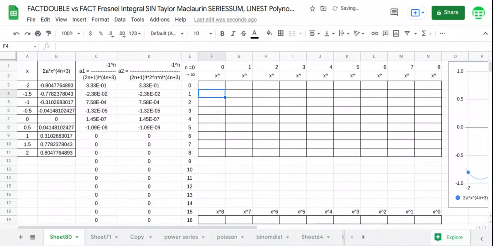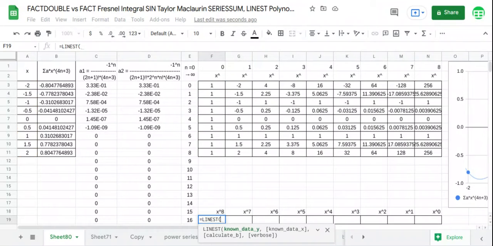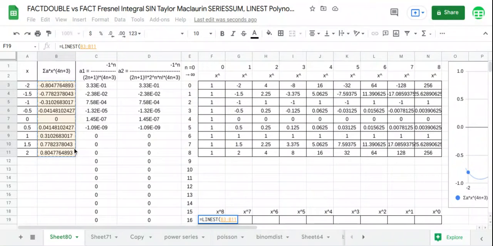Enter. Now we can use Linest. It's equal to Linest of y and x. Then enter.